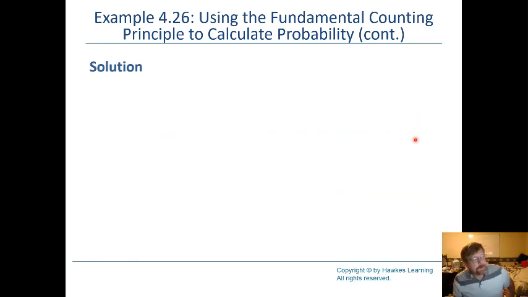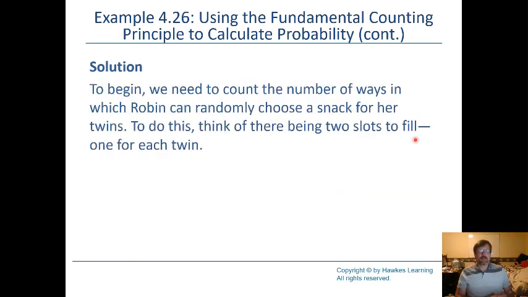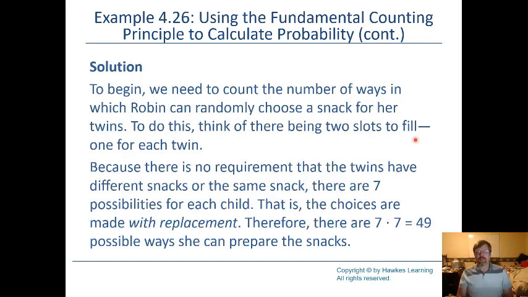Okay, so what are the number of ways that she could randomly choose a snack? Let's think of this as having two slots to fill, 2 plates to put snacks on, however you want to think of it, 1 for each twin. There is no requirement that the twins have different snacks or the same snack.